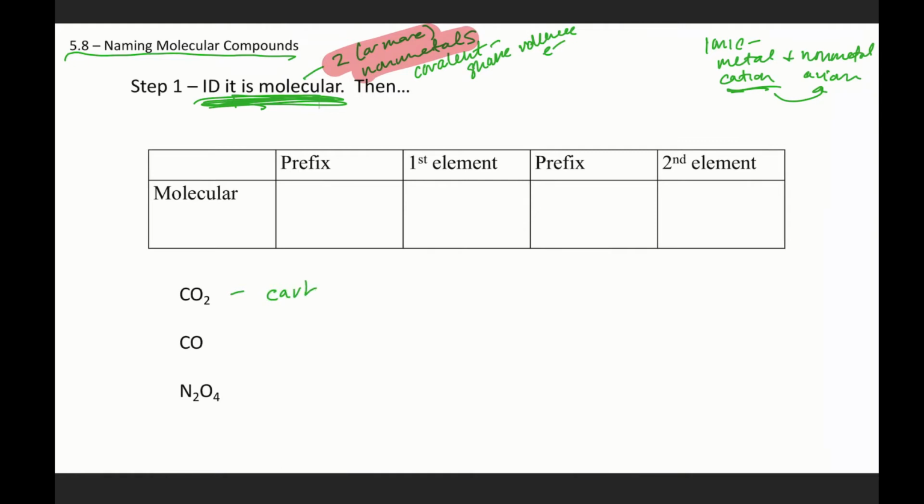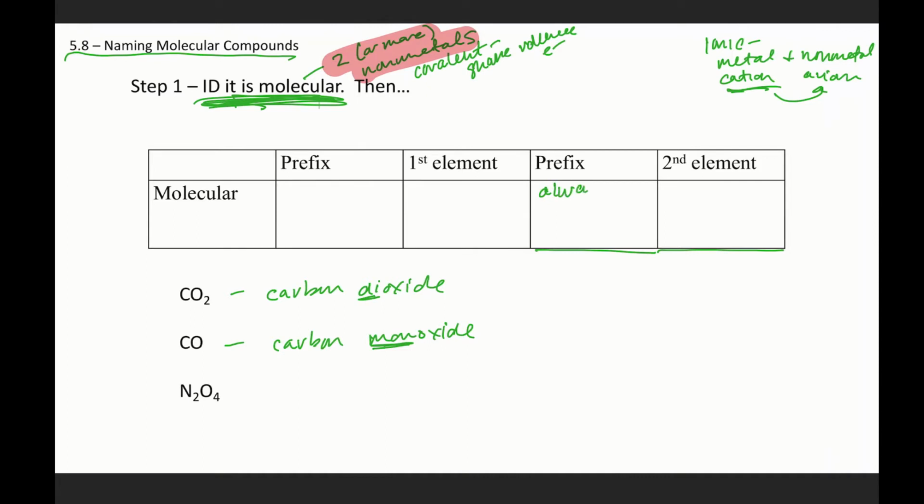So we already know that CO2 is called carbon dioxide. You guys have been saying this name since you were probably in grade school, right across the street somewhere. And this one you all know is called carbon monoxide. So let's think about the naming system here. For the second element, they get a numerical prefix. Yes, this is dioxide, this is monoxide.